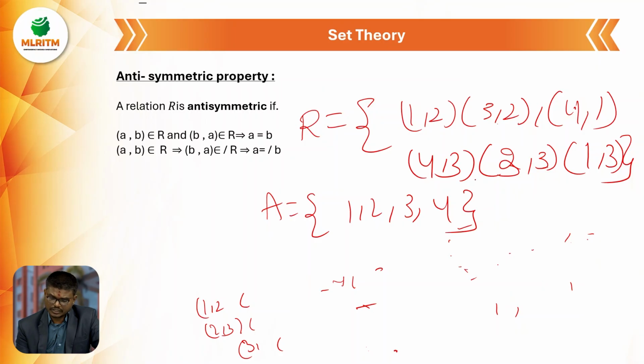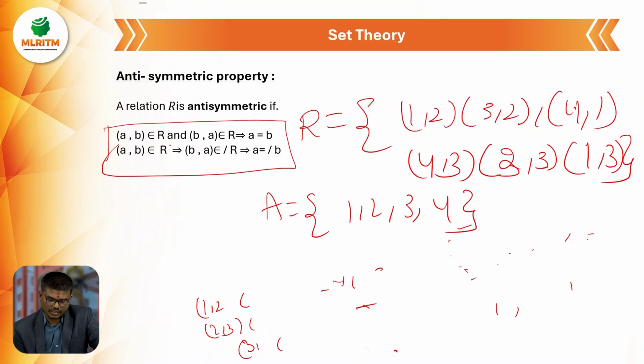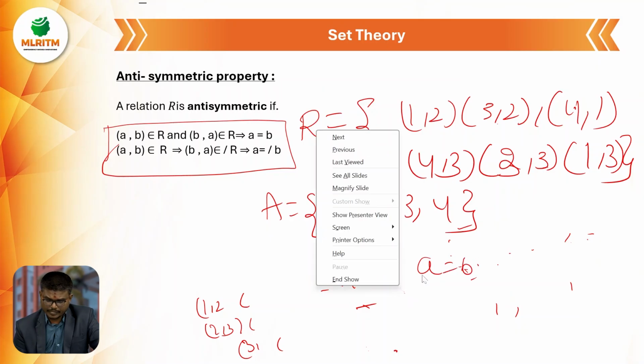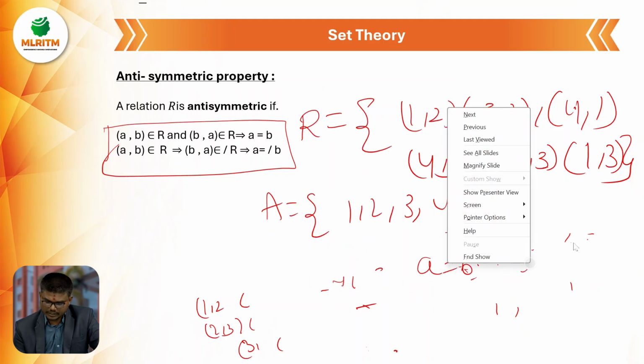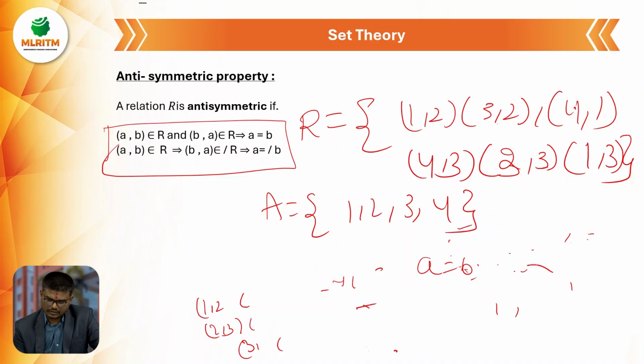Here in the antisymmetric property we have two conditions. The first one is (a, b) belongs to R and (b, a) belongs to R if and only if a equals b. And the second condition is (a, b) belongs to R and (b, a) does not belong to R if and only if a is not equal to b.